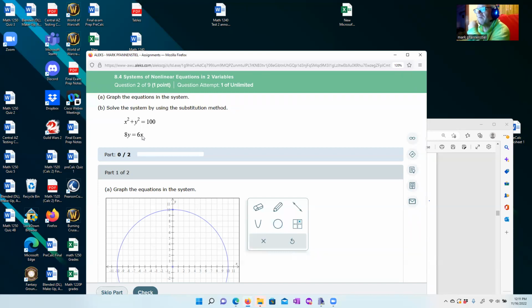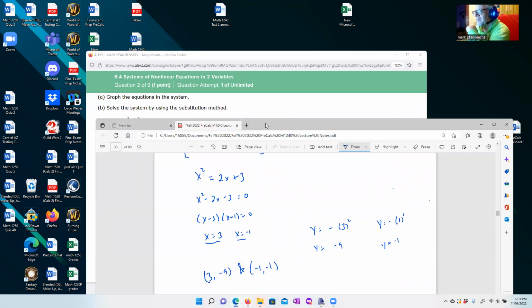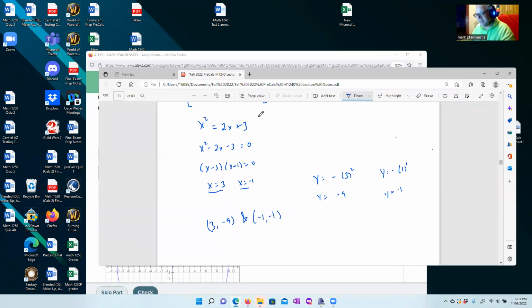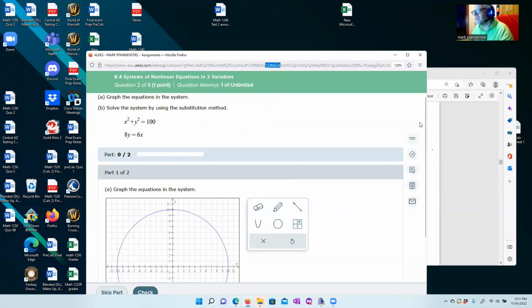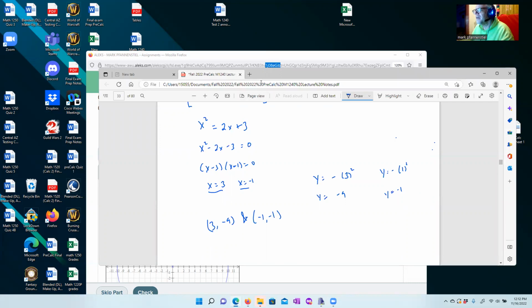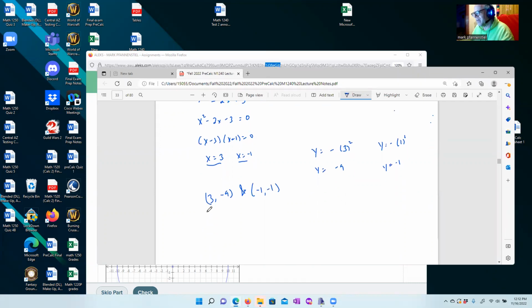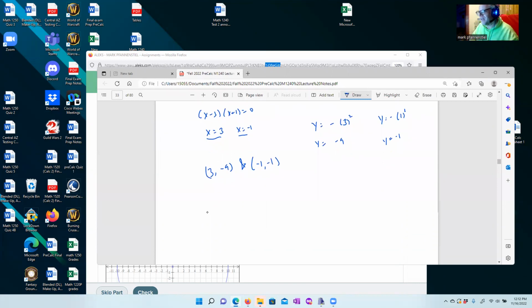So this is 8y equals 6x. Well, that's a little bit easier said than done. So the first one is going to be really easy because we have 8y equals 6x. You're going to do this a lot, by the way.